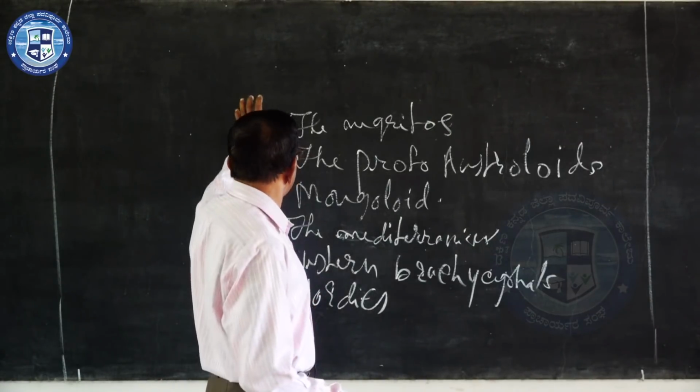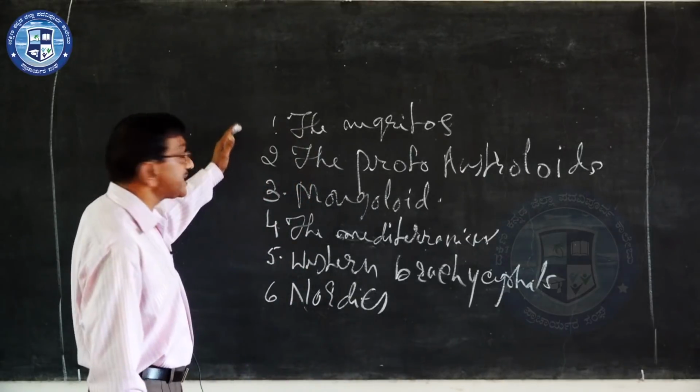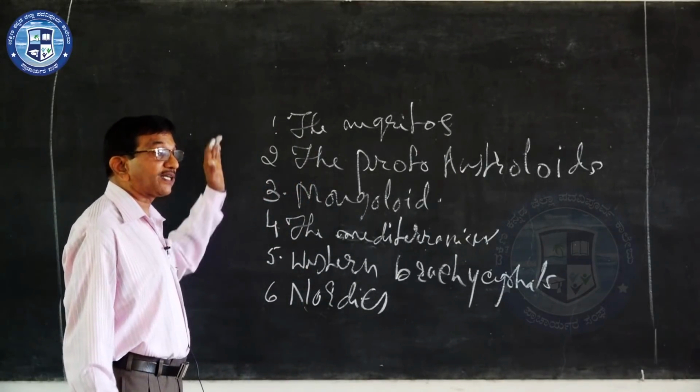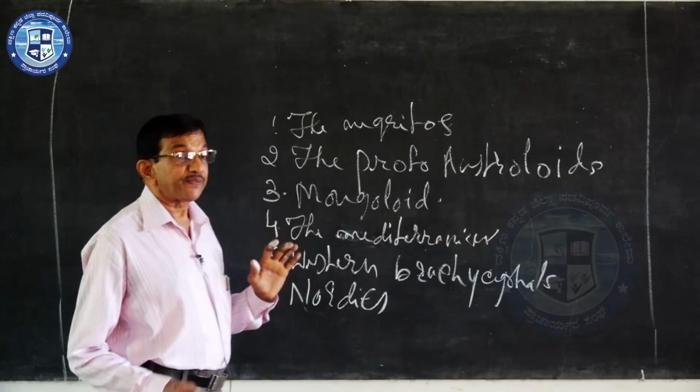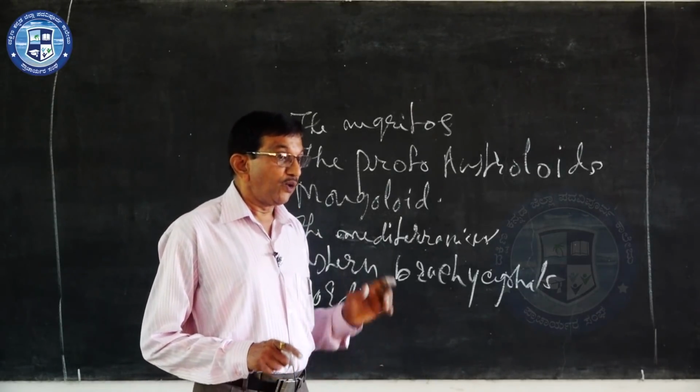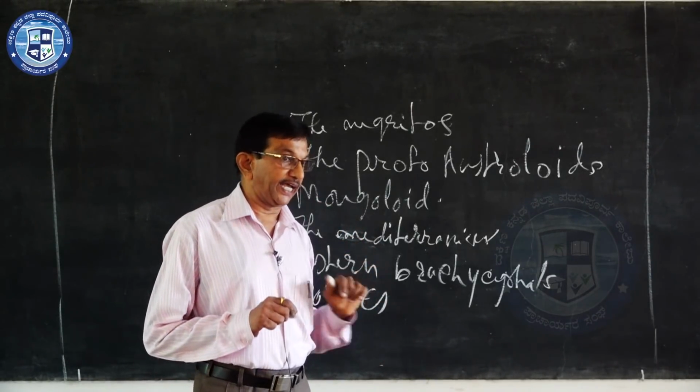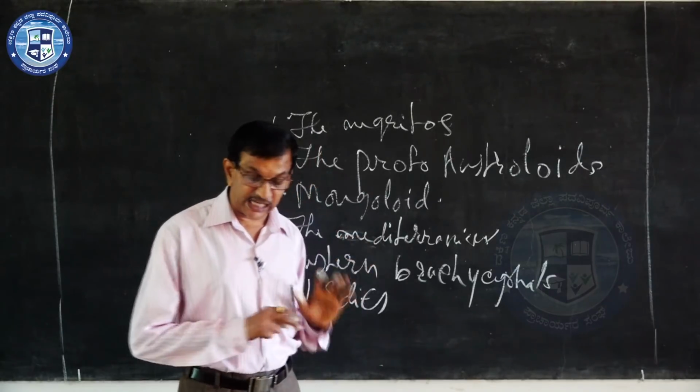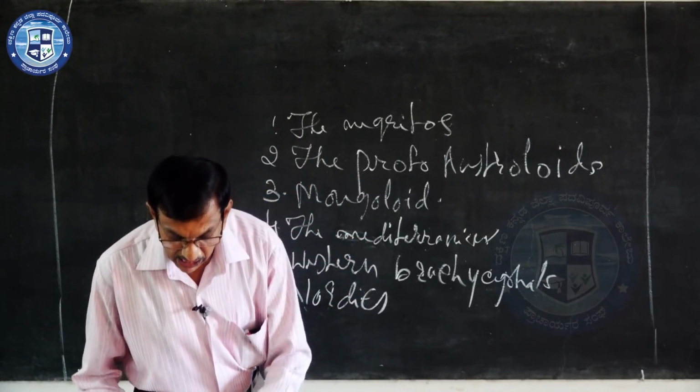So like this, there are 6 major racial groups identified by B.S. Guha who are found in India. According to Guha's classification, these 6 groups are found.